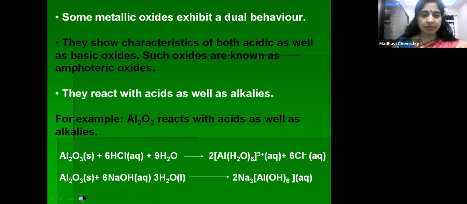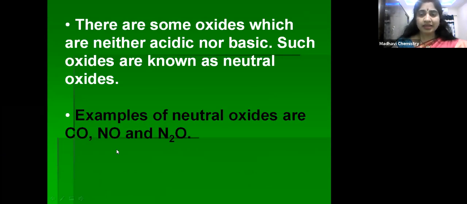Okay, next, there are some oxides which are neither acidic nor basic, which means they do not show acidic nature or basic nature, whereas amphoteric oxides show both, like aluminium trioxide, which combines with acid as well as base.